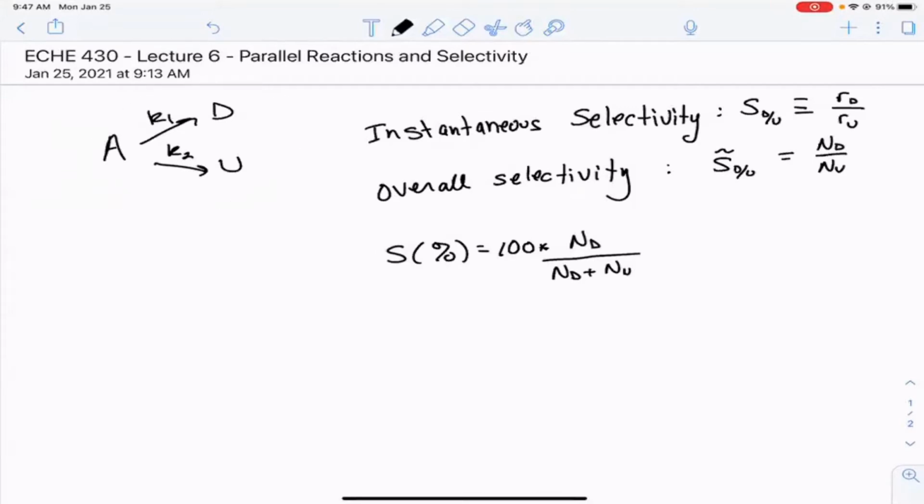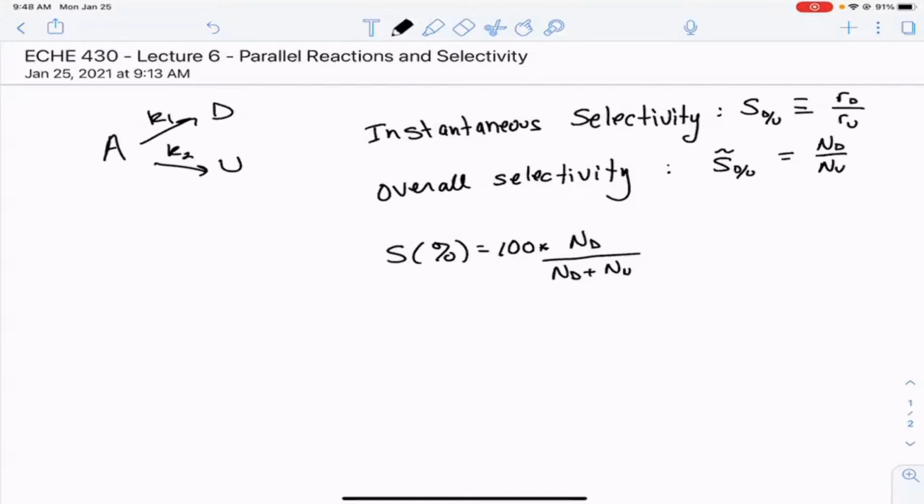So we're gonna do a couple of examples today where we find the concentration of desired and undesired products as a function of time. We're also gonna solve for the instantaneous and the overall selectivity.